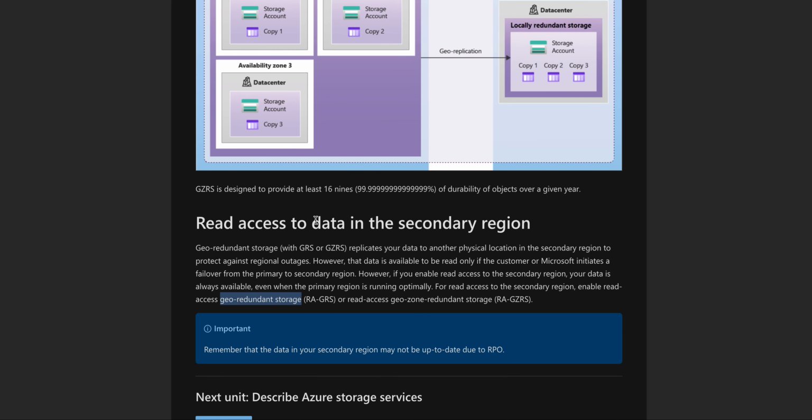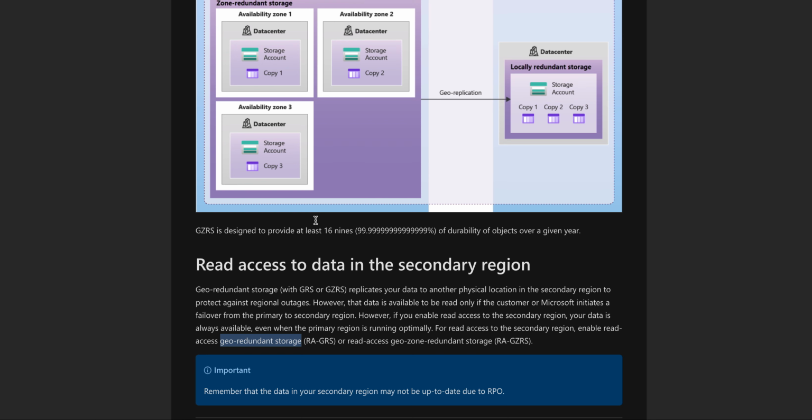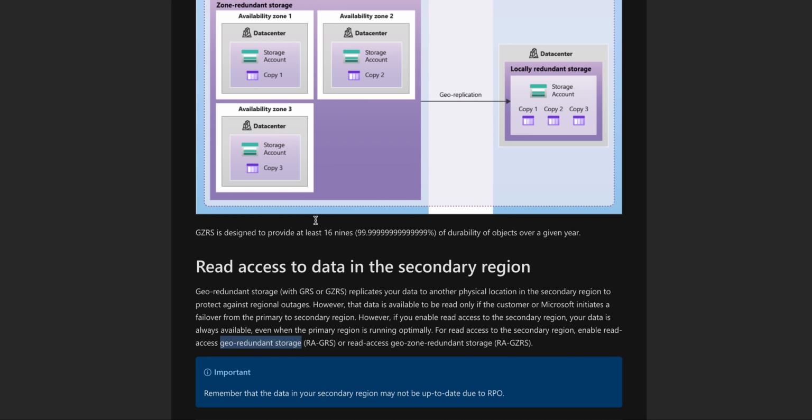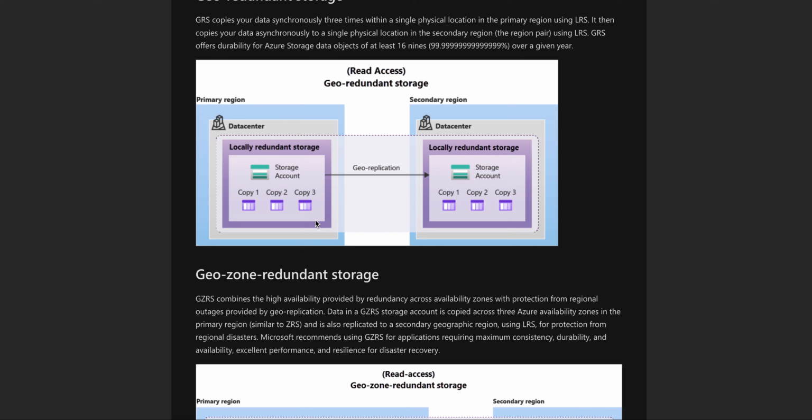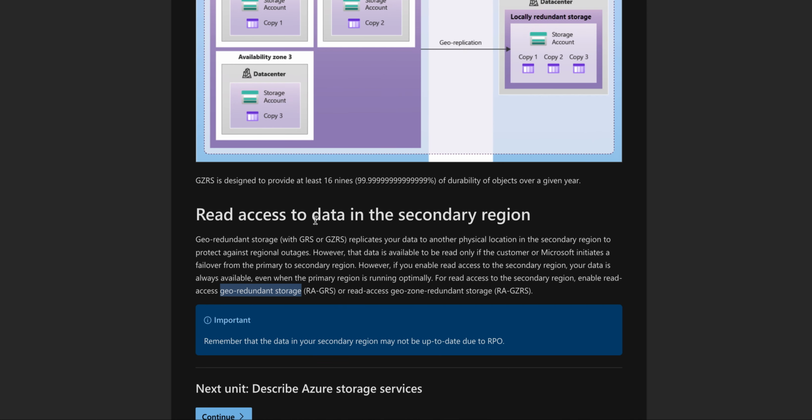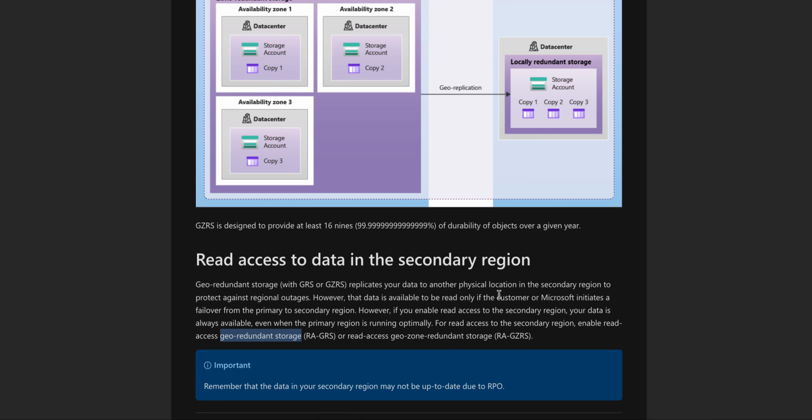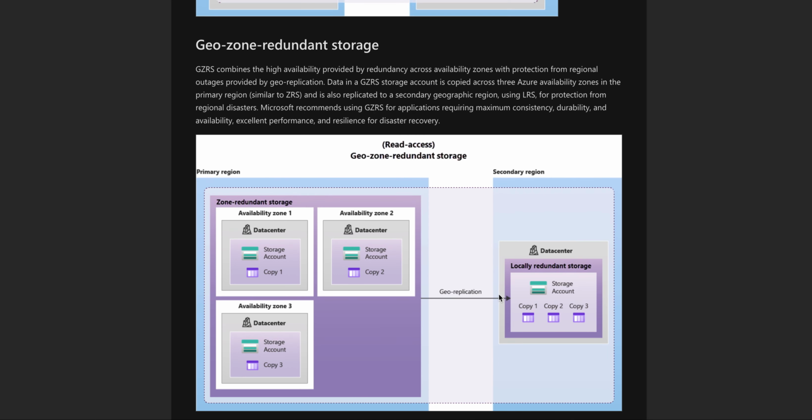So basically it's RA-GRS or read access geo zone redundant storage, depending on which one you're talking about.